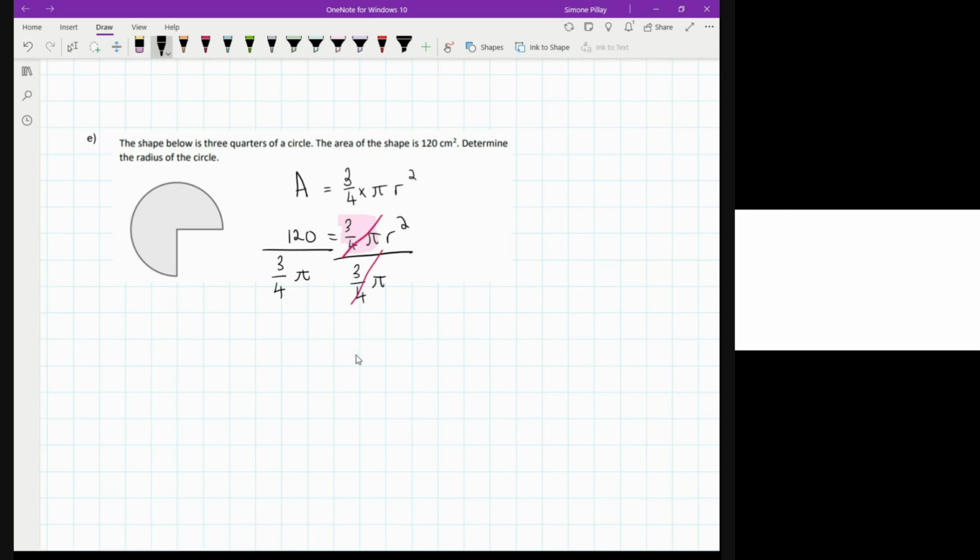Tell me what you guys are getting when you put 120 divided by 3/4 times pi. What are you getting when you put that in your calculators? I'm also calculating with you guys. I am getting 50,93.